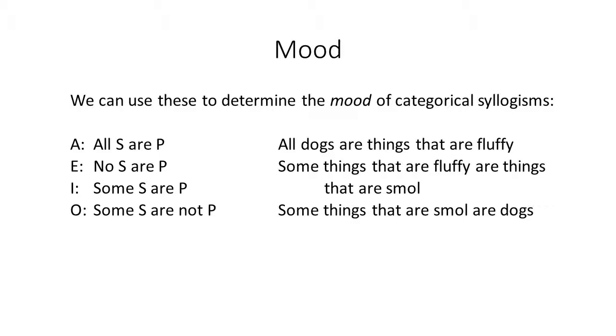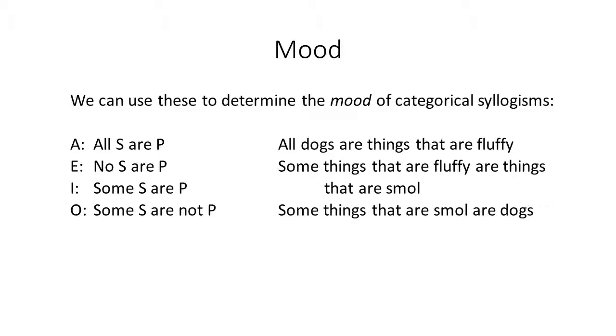Let's do one without variables. All dogs are things that are fluffy. Some things that are fluffy are things that are small. Some things that are small are dogs. Let's check first to make sure this is in standard form for a categorical syllogism. The first premise is the major premise, because it contains the predicate of the conclusion. The second premise is the minor premise, because it contains the subject of the conclusion, things that are small.